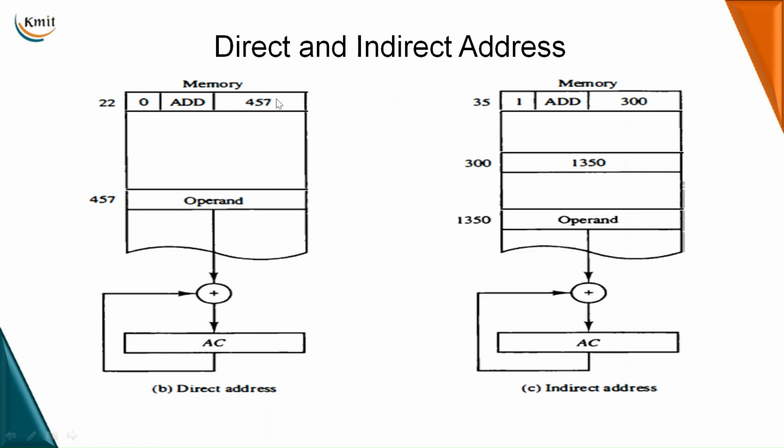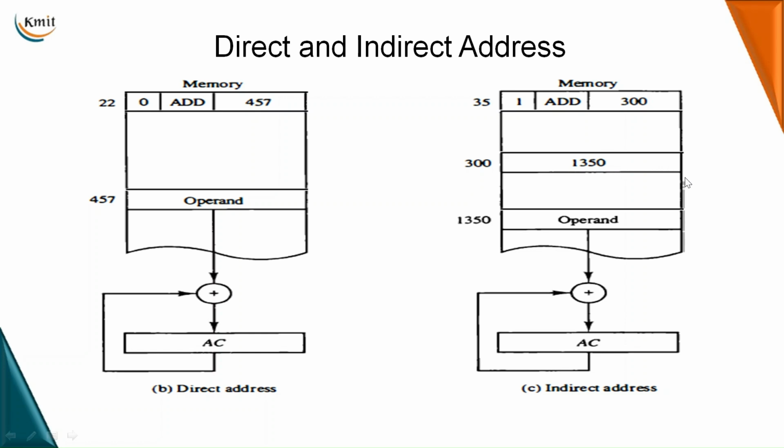So here, whatever is there in the address part is a direct address where you can get the actual operand. Coming to indirect addressing, if the mode bit I is equal to 1, it is indirect addressing, and the address part contains 300. This means that if you go to location 300 of the memory, you can find the address of the actual operand. So 1350 is not the actual operand. It is the actual address where your operand is stored in the memory.